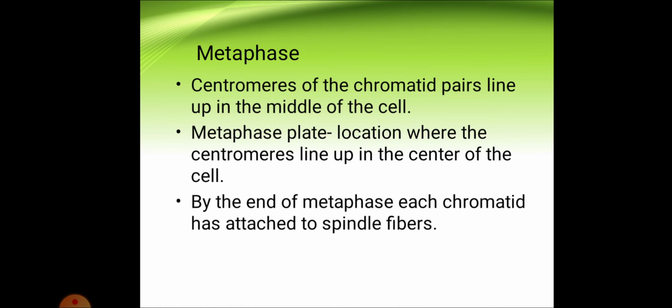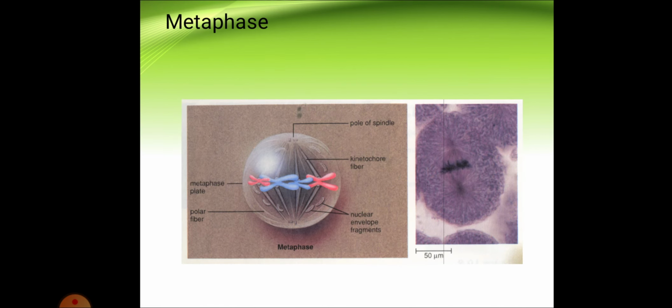And by the end of metaphase, each chromatid has attached to the spindle fibers. Yan po ang picture ng metaphase. Kung nakikita po natin, nagkaroon po ng difference doon po sa prophase.